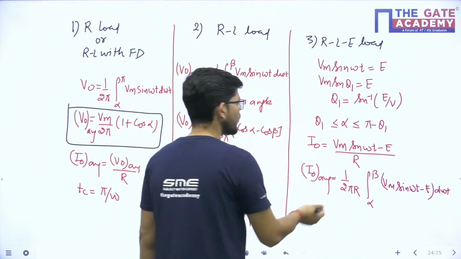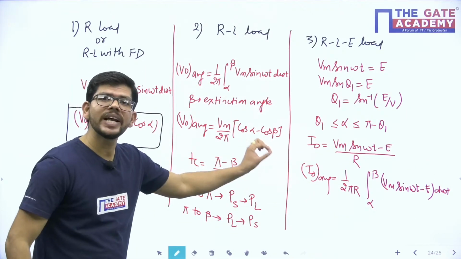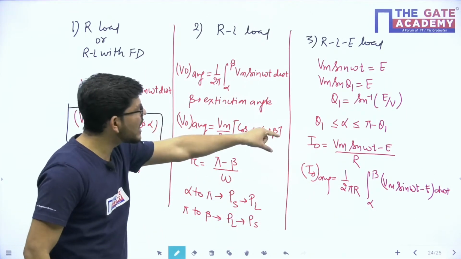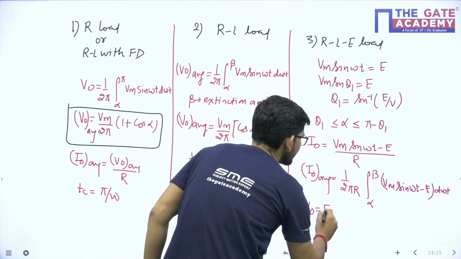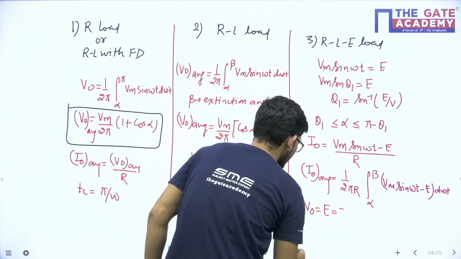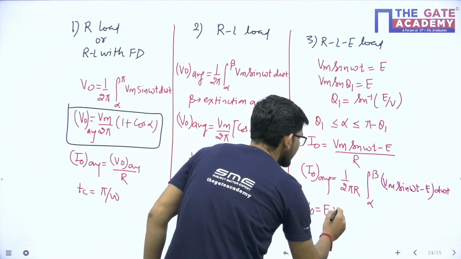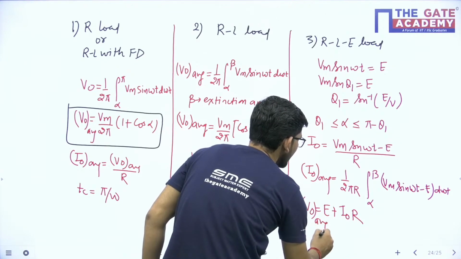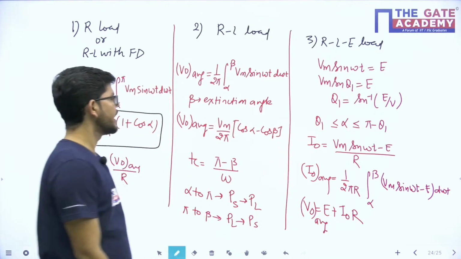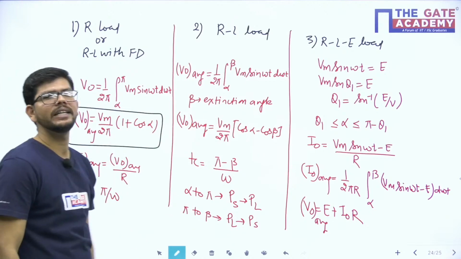From this particular formula you will calculate average output current in case of RLE load. After that, when you apply KVL, that is V naught equals E plus I naught R, from here you can calculate the average output voltage in case of an RLE load.